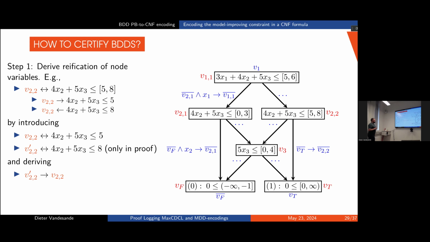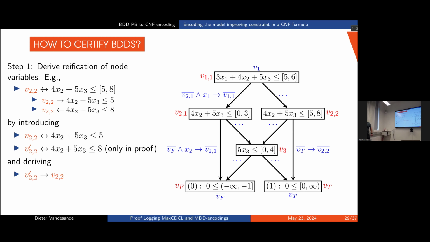Well, we introduce two variables. This one is known by the solver. So V22 is known by the solver, and we will first reify it with just the lower bound at the right. And then we'll introduce a V prime, which has as right-hand side the upper bound.